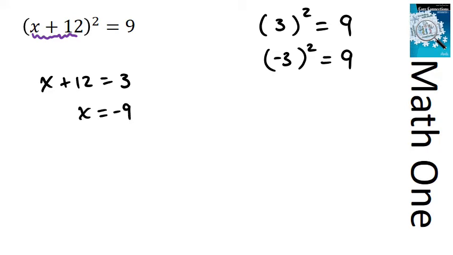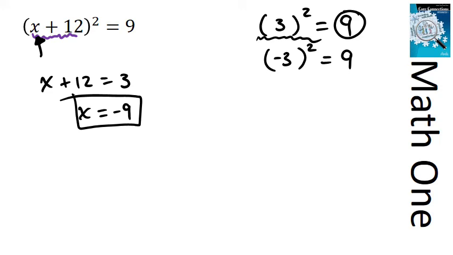So again, what I'm saying is that this x, if it were the number negative 9, negative 9 plus 12 is a positive 3. Negative 9 plus 12 is positive 3. And when I square the number 3, I get the number 9. So one of my answers is x could be negative 9.